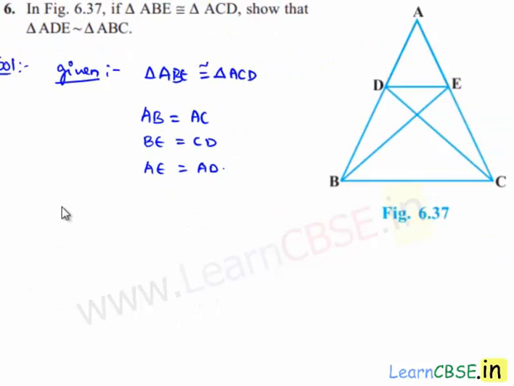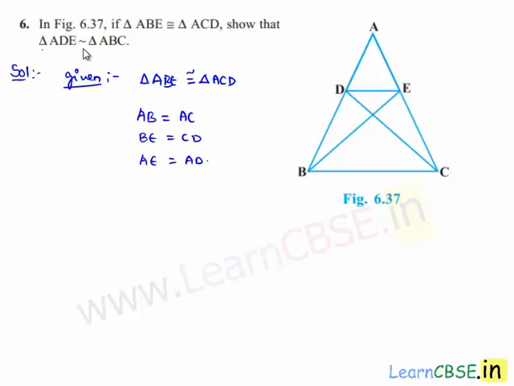Now we are required to prove that triangle ADE is similar to triangle ABC. So let us consider triangle ADE and triangle ABC, that is ADE is over here and ABC is a larger triangle.